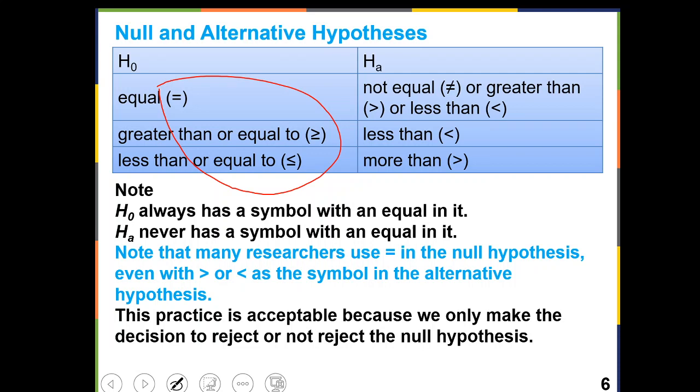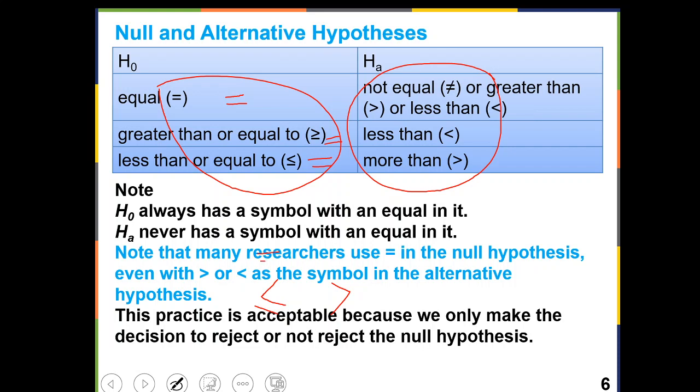All right, many researchers actually just use the equal sign in any case for the null hypothesis because that's what we assume. But the alternative hypothesis depends on how the claim is made, right? So if the claim says that they believe this is less than or equal to, then the alternative would be greater than.